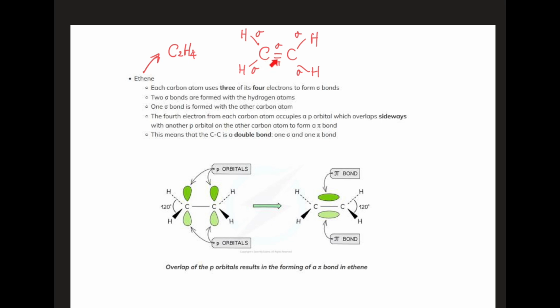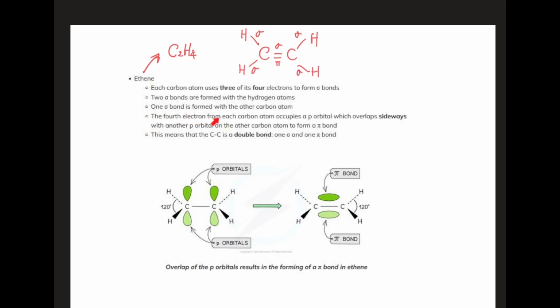Another one forms a pi bond. 2 sigma bonds are formed with the hydrogen atoms. So you can see here, 1 sigma with this hydrogen, another sigma with this hydrogen. 1 sigma bond is formed with the other carbon atom, which is here. So altogether 3 sigma bonds.